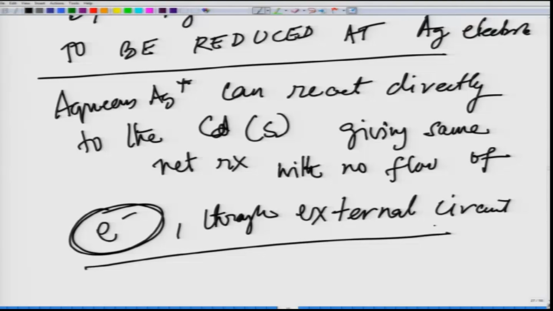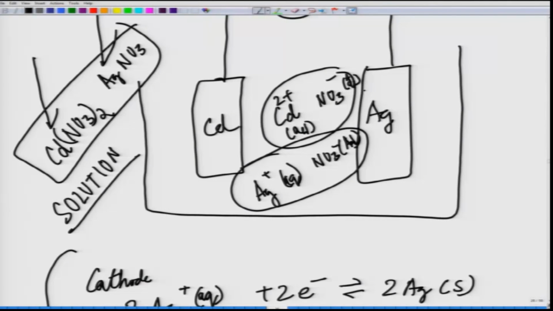This is a classic situation where, if you think of it, this Ag plus which is coming out from here can directly react on the cadmium surface, and that is exactly what I was trying to highlight here.